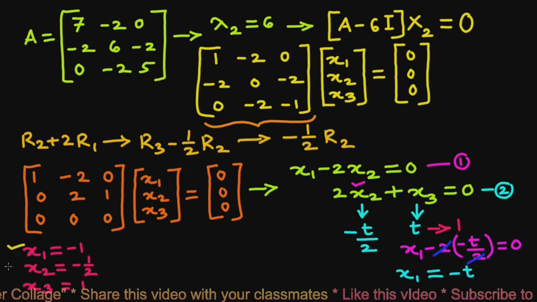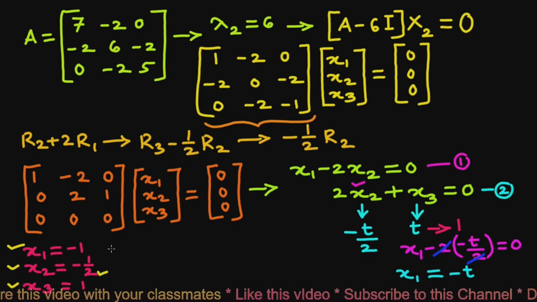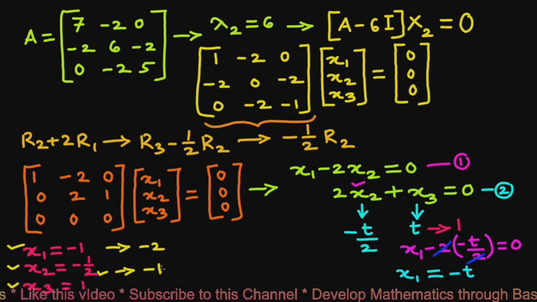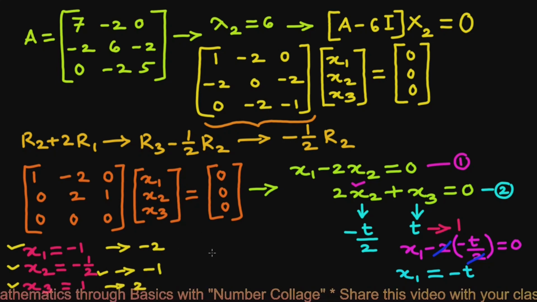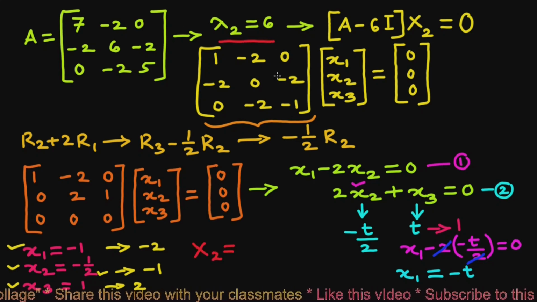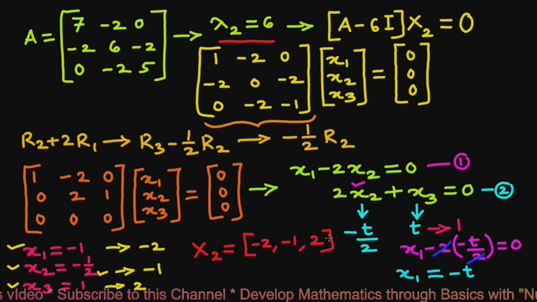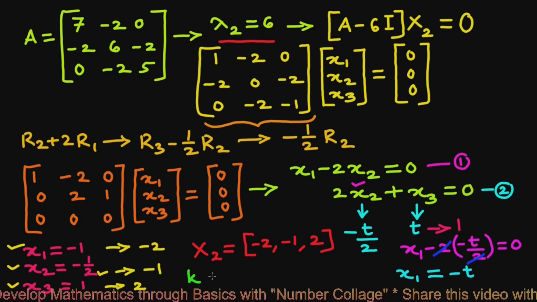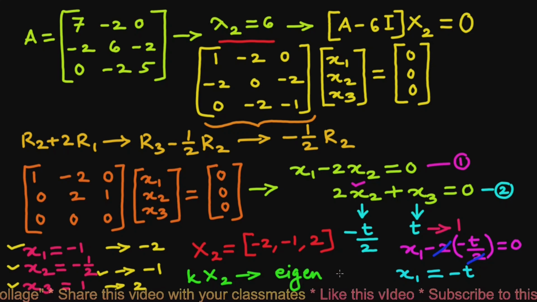Multiplying each of x1, x2, x3 by this denominator 2, we get x1 equals minus 2, x2 equals minus 1 and x3 equals 2. So therefore the required eigenvector x2 corresponding to the second eigenvalue 6 will be (-2, -1, 2). As usual, we can say that if k is a non-zero scalar, then kx2 is also an eigenvector.